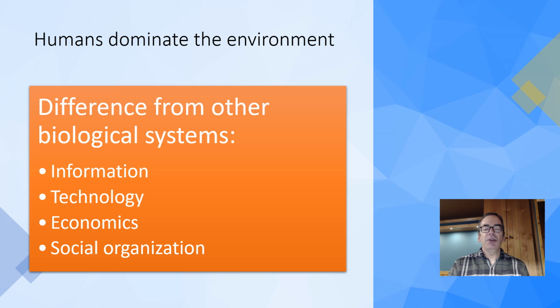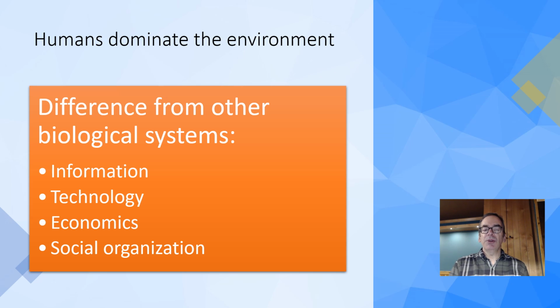Okay, we all know that humans dominate our environment, at least in the modern period. And this was really the case in the ancient world, although in different ways. Now, in terms of modern use of the environment, you've got a difference between what humans can do and what animals can do in terms of dominating their environment.